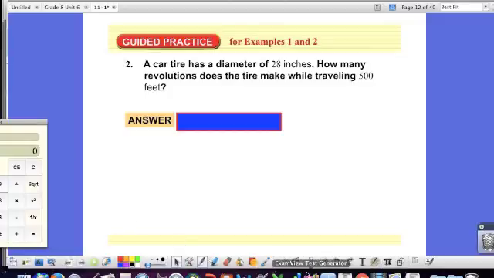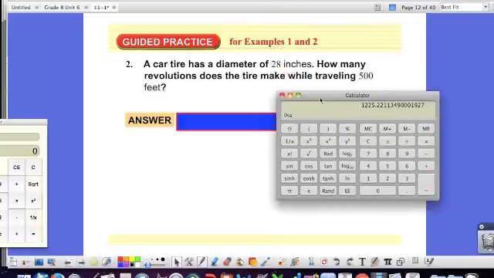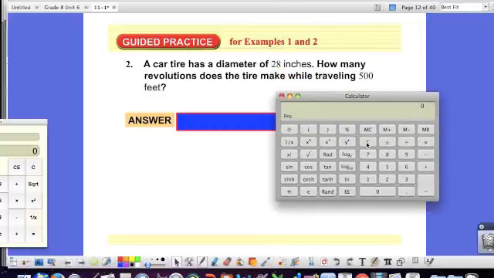Another problem that I did quite a bit last year. So the car tire has a diameter of 28 inches. Times pi is going to equal, so when it revolves around one time, it goes basically 87.96.